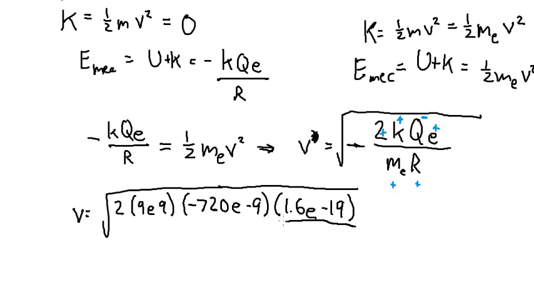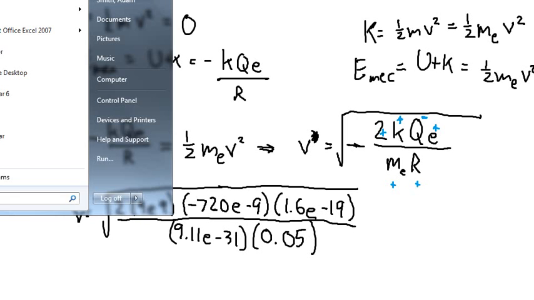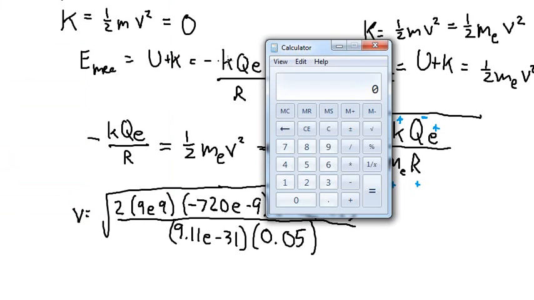Okay, so the last step really is just to plug things in. So we get v equals the square root of 2 times k, which is 9 times 10 to the 9. Q was negative 270 nanocoulombs, I forget what we said. Oh, 720. Okay, sorry.